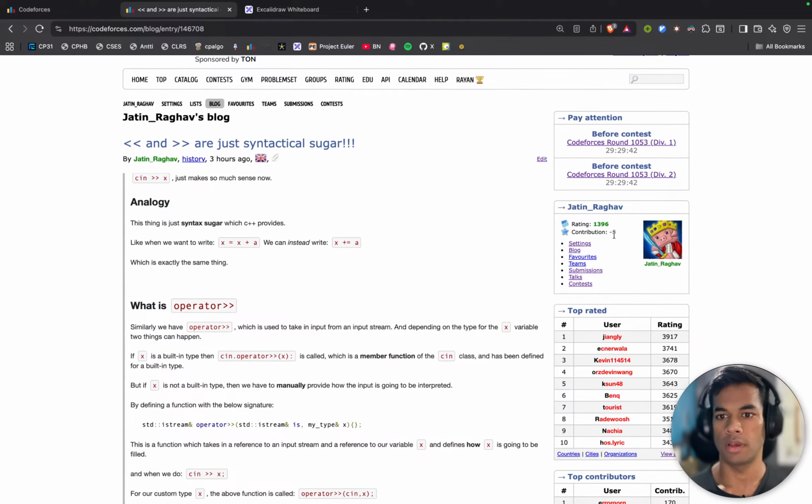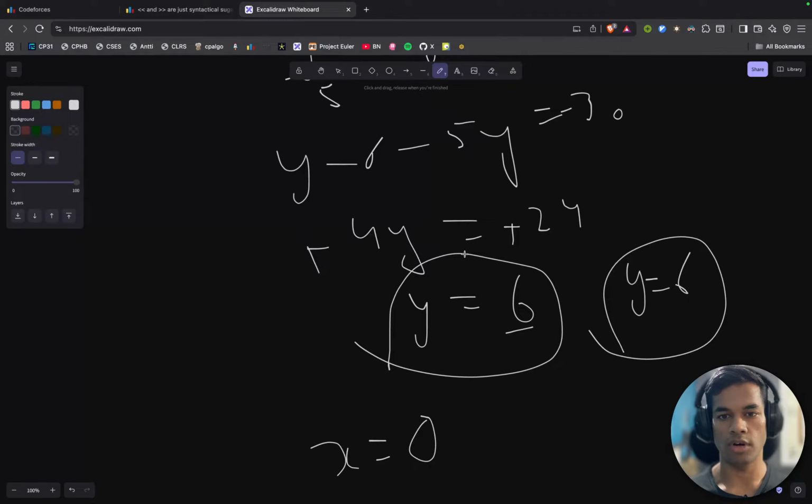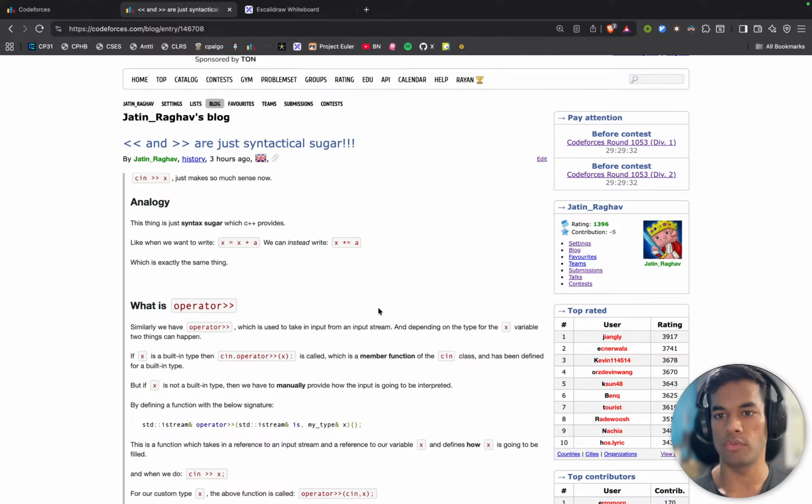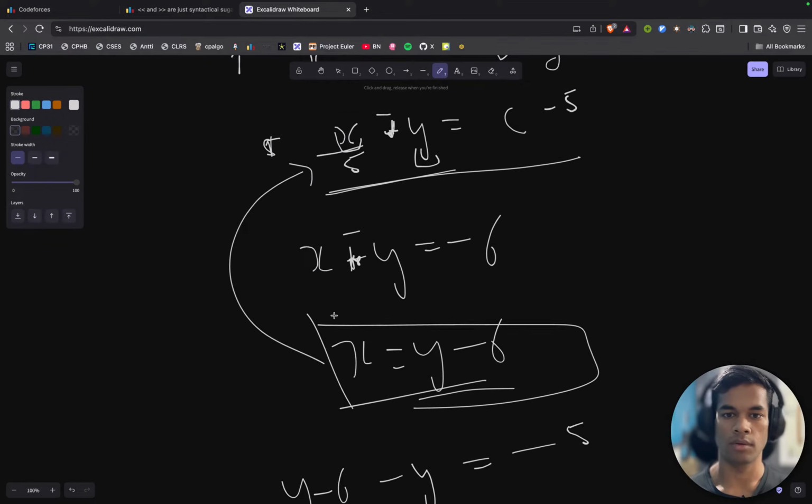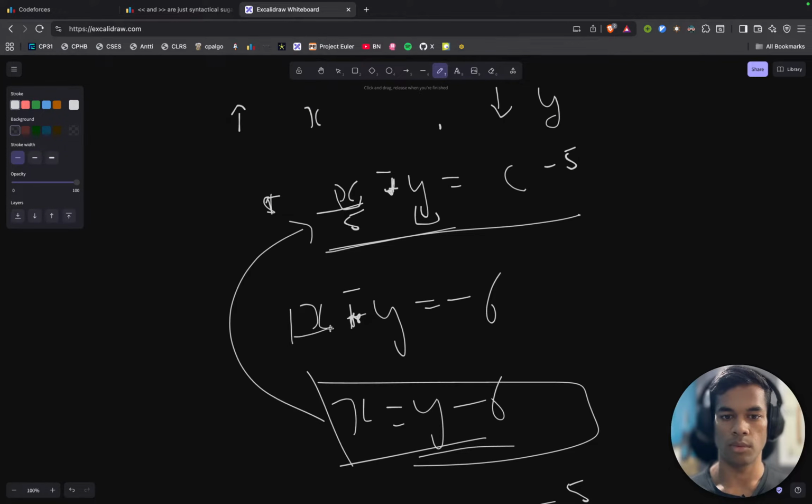-6 and -5. So wait, this does not make sense. If I got 0 upvotes and 6 downvotes, my contribution would have been -6 and not -5. Shit, my bad.